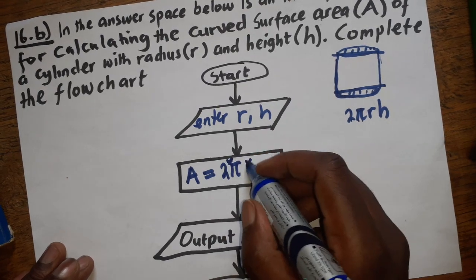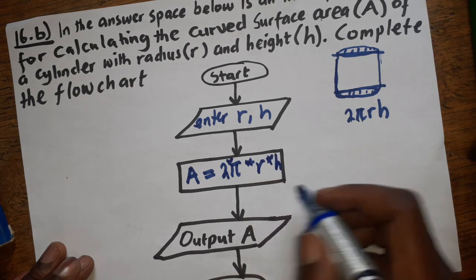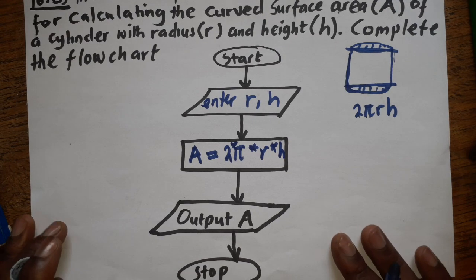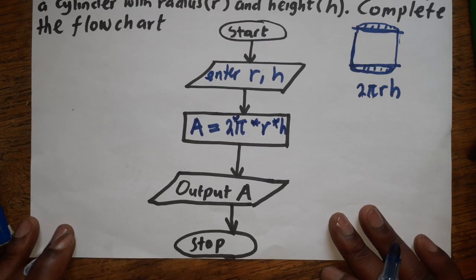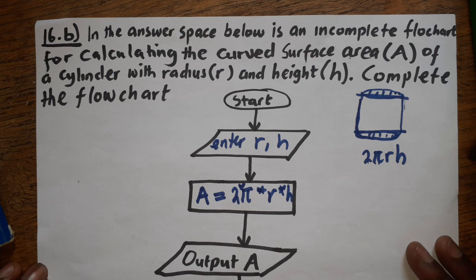Remember, we are multiplying. So this is what we are supposed to write. Everything is already done. It's only those two parts that we're supposed to do. This is our 16B. Ladies and gentlemen, I hope I've made myself clear. Okay, next question.